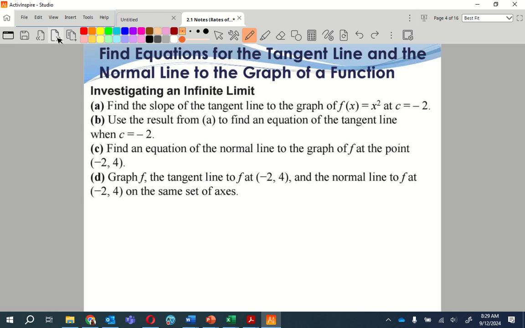Investigate an infinite limit. Find the slope of the tangent line to the graph. f of x is x squared at c equals -2. Use the result of that. So let's go through and find this right here.